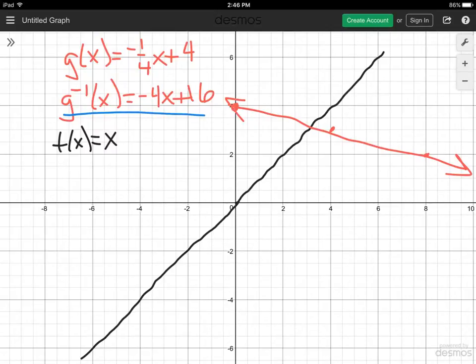And what that's going to do is these two lines should meet right on the f of x equals x. So my graph is a little too small to show the whole thing, but if our x value was 4, we plug that in. -4 times 4 is -16. -16 plus 16 is 0, so we would be right here.